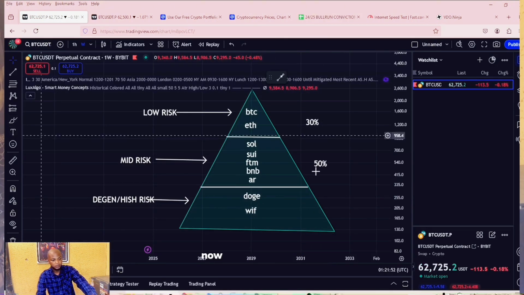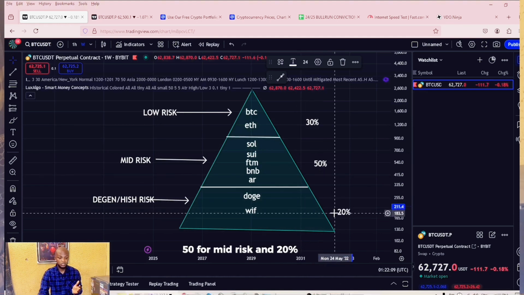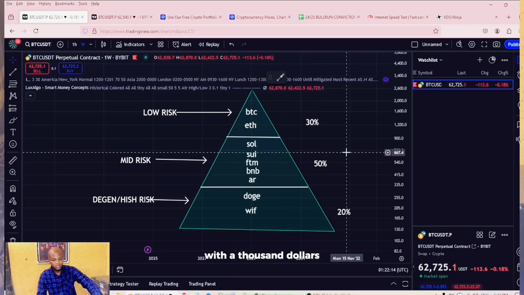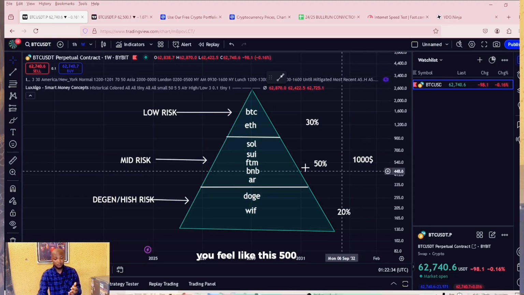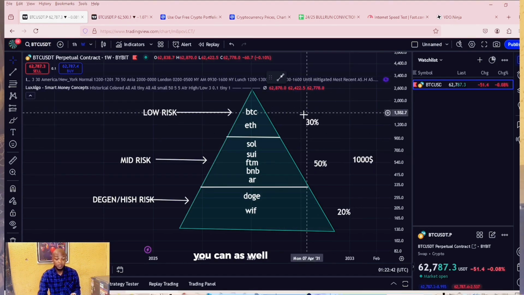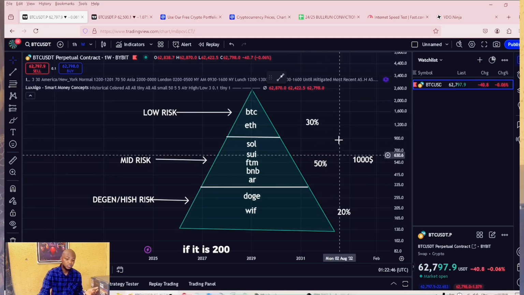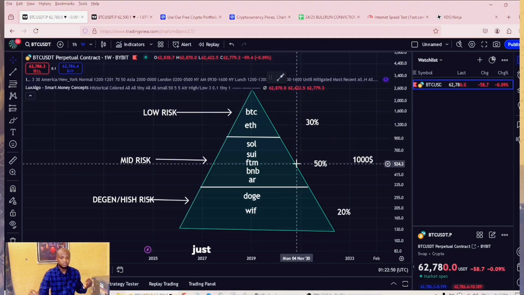So now 30% for our low risk, 50% for mid risk, and 20% for high risk, with $1,000. Now, as I'm using $1,000, if you feel like it's $500, you can multiply the $500 by the percent. If it is $200, you can do the same thing. It is just an investment scheme.